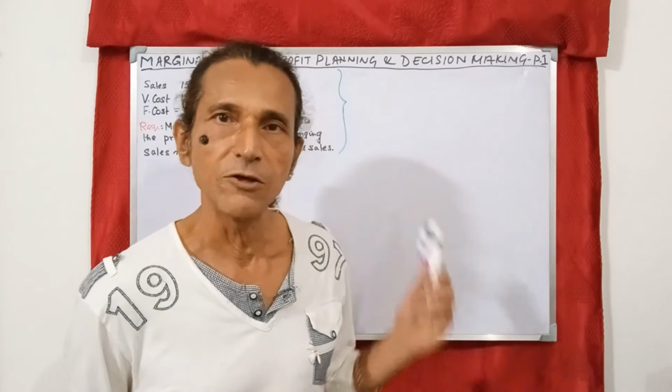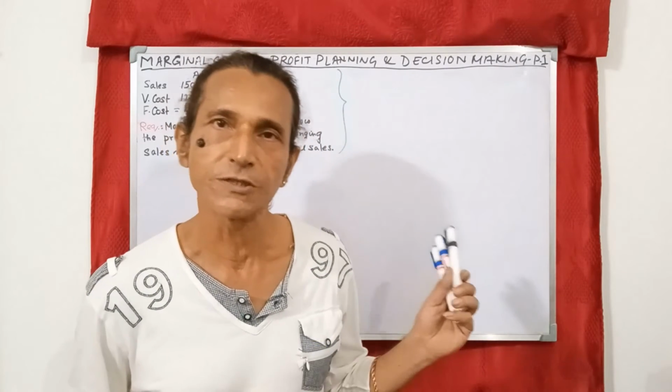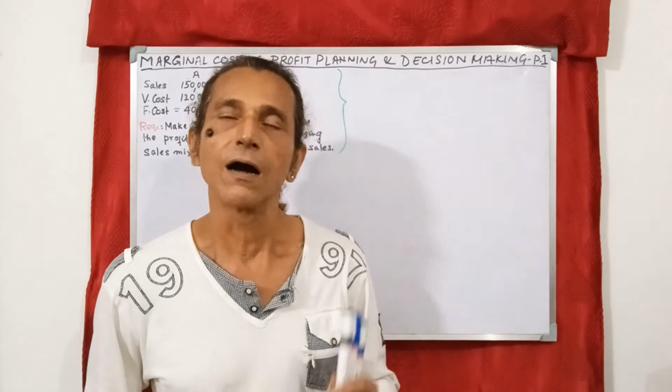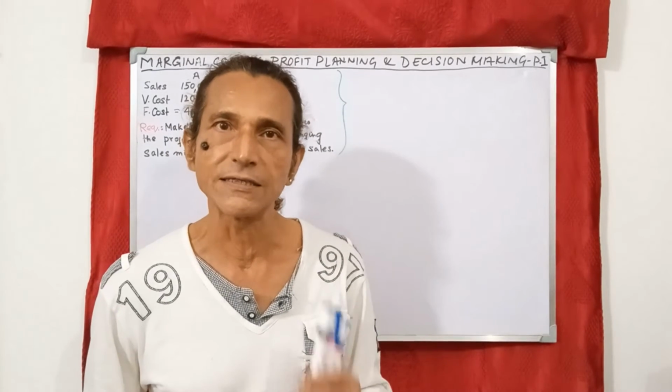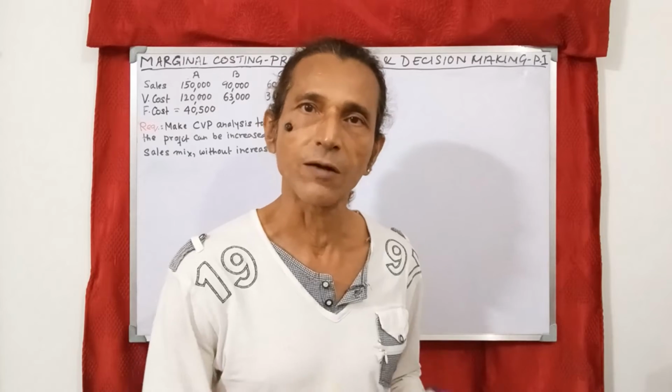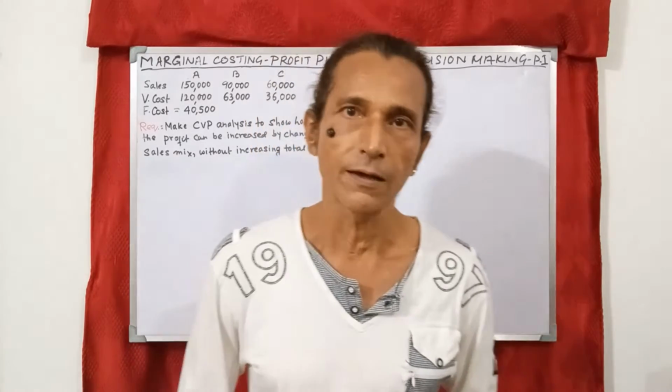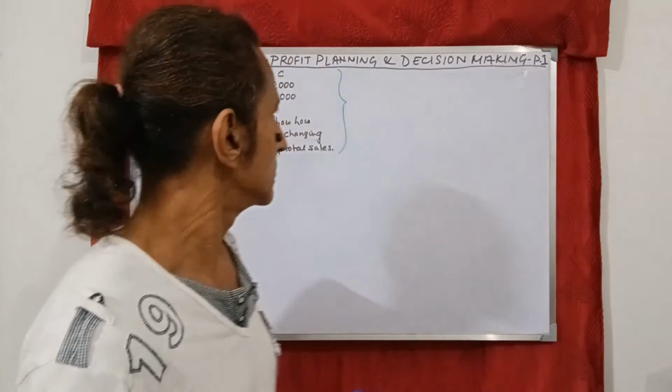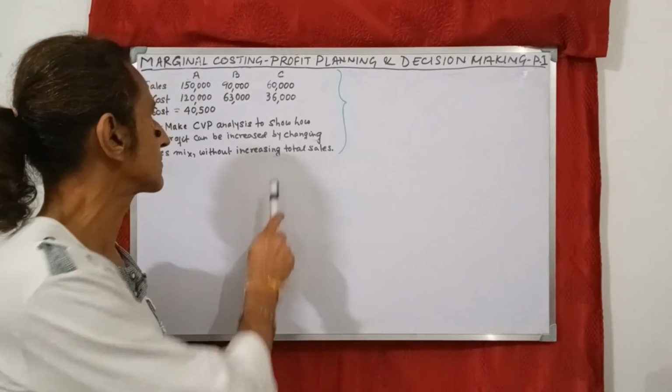I have taken a numerical example with which I shall explain how the CVP analysis technique can be used by the management in evaluating a decision to change sales mix of the products the firm is producing. Right? Now look at this example, numerical problem.